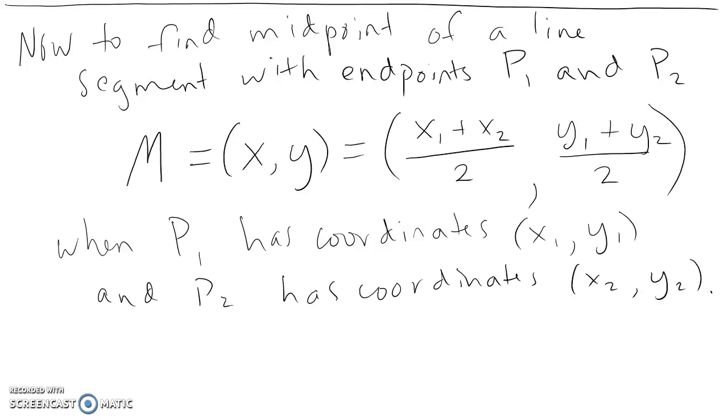So notice what's happening. We're taking the average of the x coordinates of both points, because we're adding x1 plus x2 and dividing it by 2, and we're taking the average of the y coordinates of both points, because we're taking y1 plus y2 and dividing that by 2.